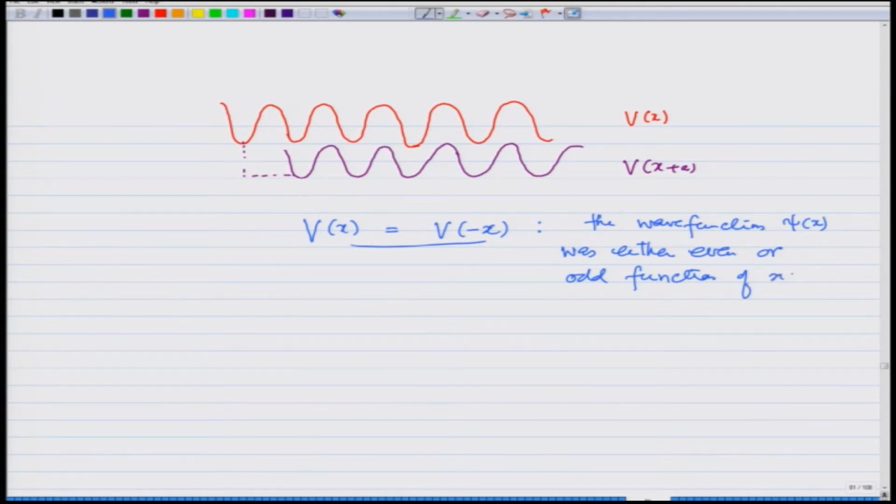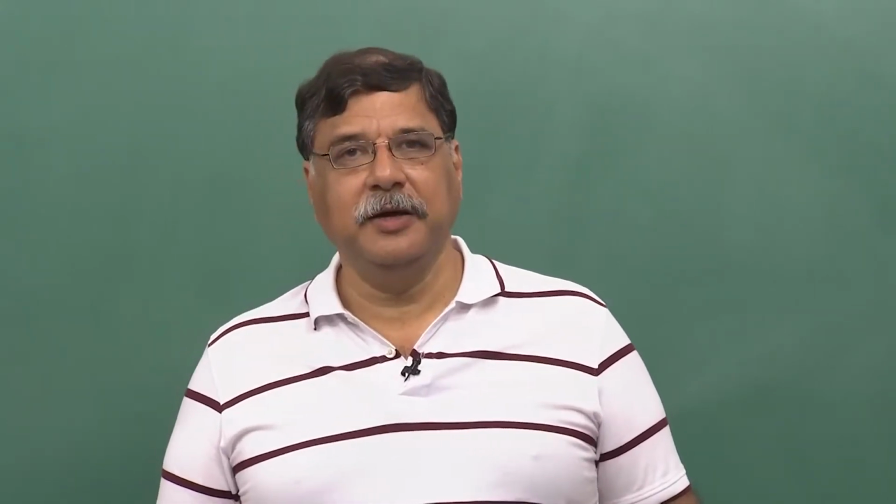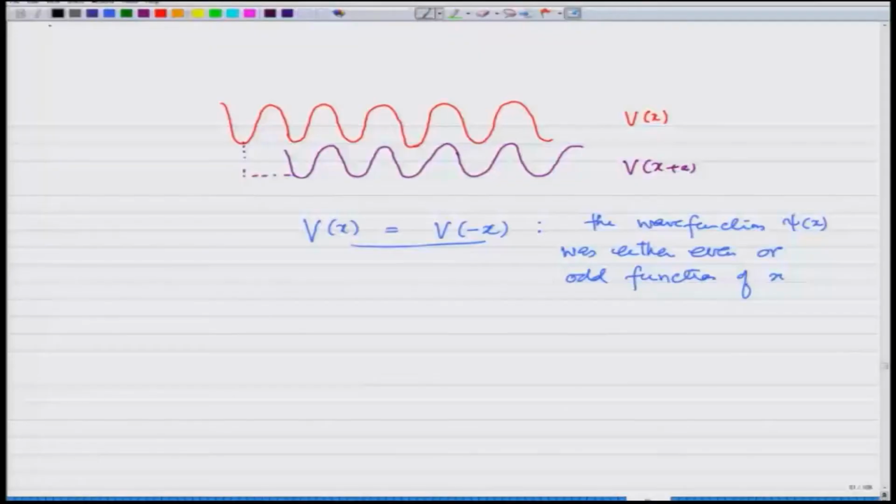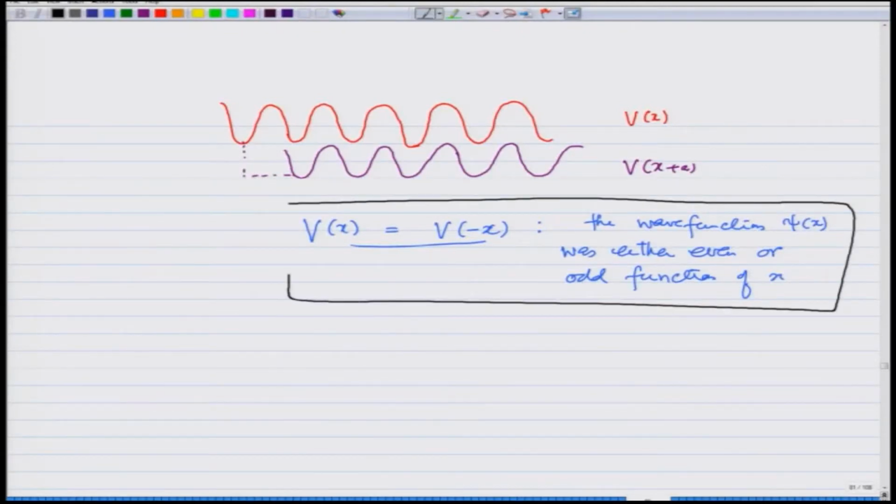So, symmetry led to this property of the wave function. Similarly, this symmetry out here, that the system looks exactly the same when we shift it by a, or the periodicity, is going to lead to a certain property of the wave function, which is described by a theorem called Bloch's theorem. To motivate Bloch's theorem, let me recall again how we arrived at this conclusion for the potential which was symmetric about x equals 0.